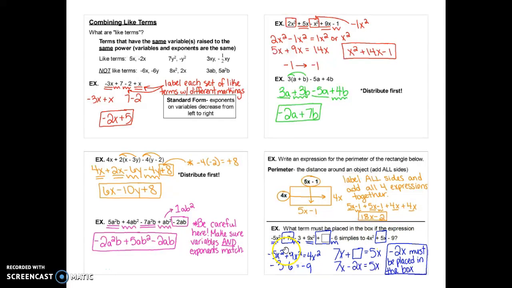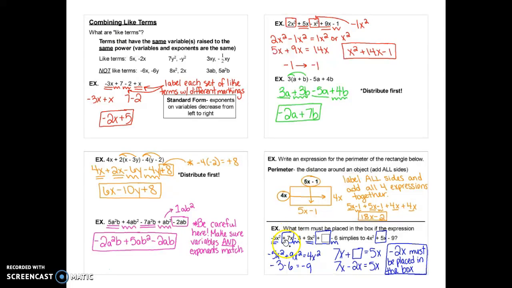Okay, so if you start comparing, I have a negative 5x squared and a 9x squared in my original. Those are my like terms. If I combine those together, that's going to give me a positive 4x squared, which is exactly what I needed in my answer. So that can't be my missing term because what I had originally gives me exactly what I needed for my answer. So then I move on.